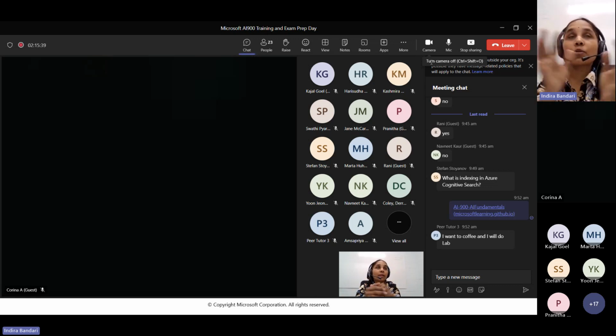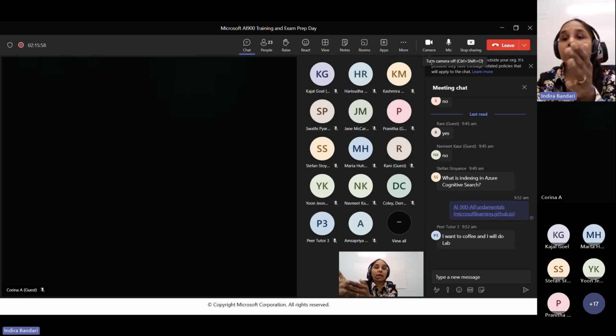So let's imagine a library. You have a lot of books, and if you want to go and pick a particular book, those need to be indexed, right? For example, children's books will be in one area, fiction books in one area, non-fiction books in one area, science books in one area, technology books in one area, language books in one area.